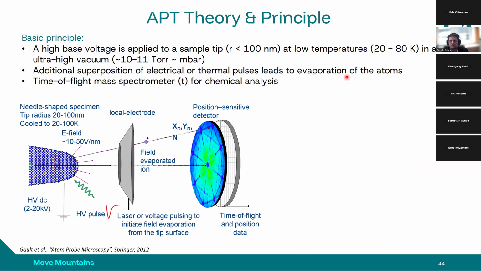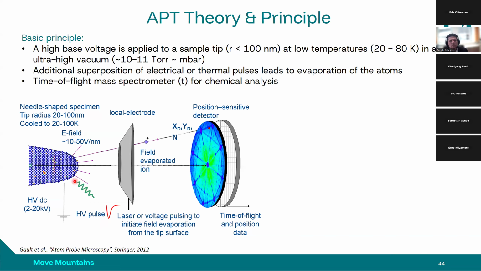What you need for performing APT is to prepare your sample in the shape of a tip with a radius of below 100 nanometers. Then you need very low temperatures and very high vacuum conditions, because you do field evaporation of ions from your tip. To achieve this field evaporation, you use either thermal pulses by laser or voltage.